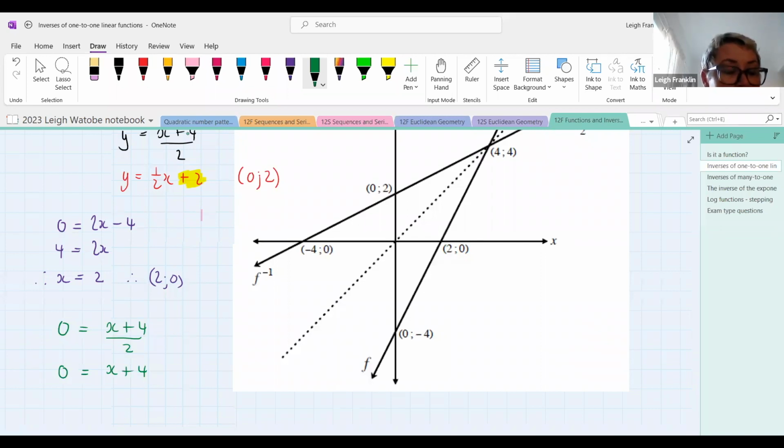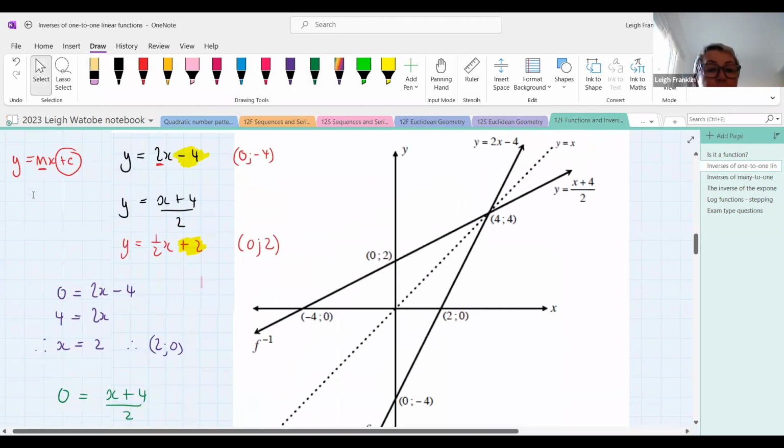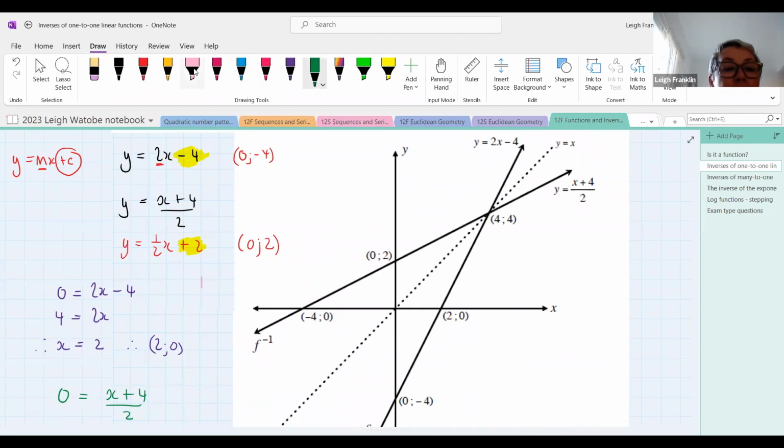Then I take the 4 over to the other side, so it becomes -4. That means the coordinates of that intercept are -4 and 0. Now if we go and have a look at this line over here, let's leave this in yellow.